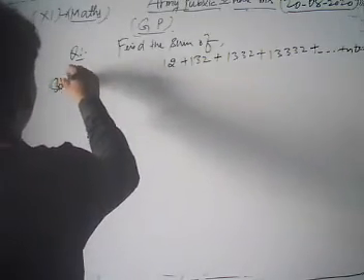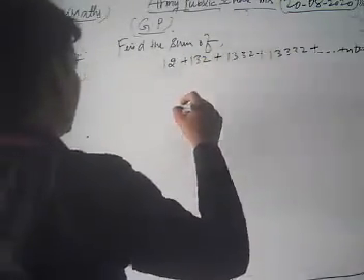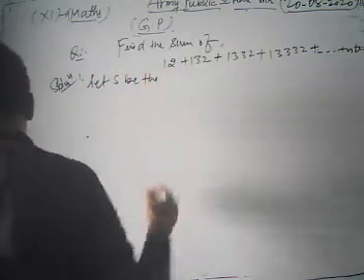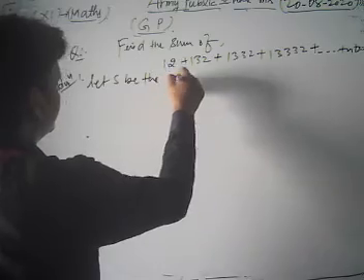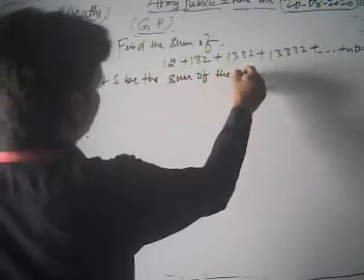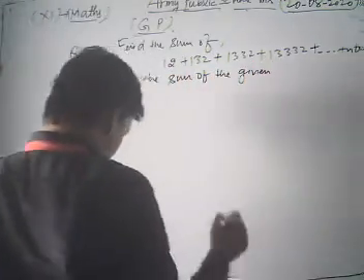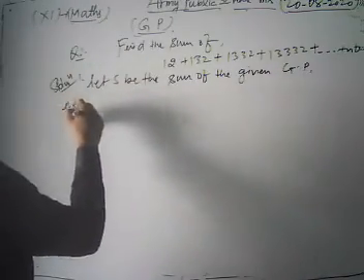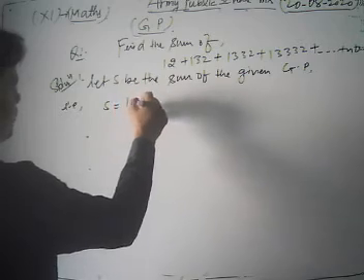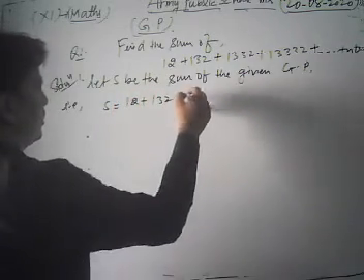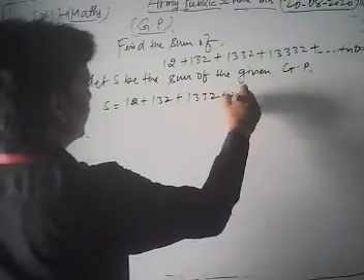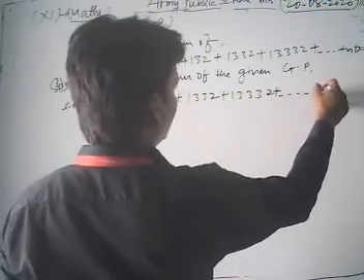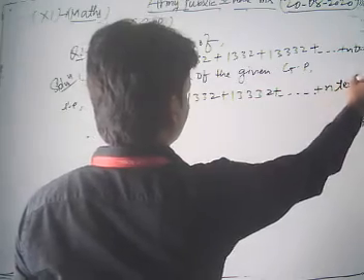First of all, dear student, let S be the sum of the given GP, that is S is equal to 12 plus 132 plus 1332 plus 13332 and so on plus n terms.